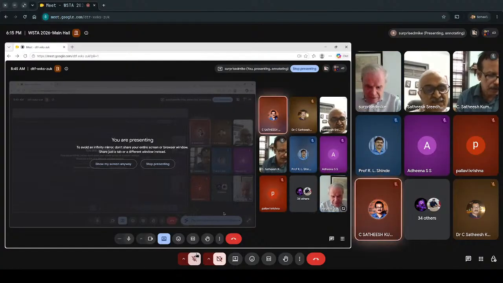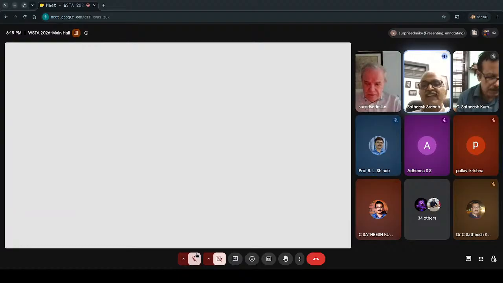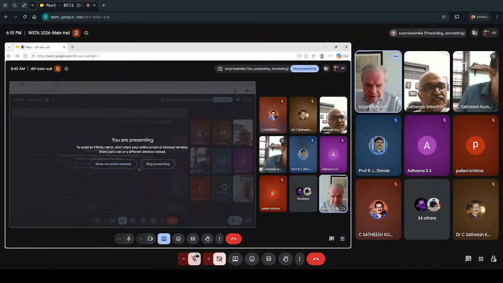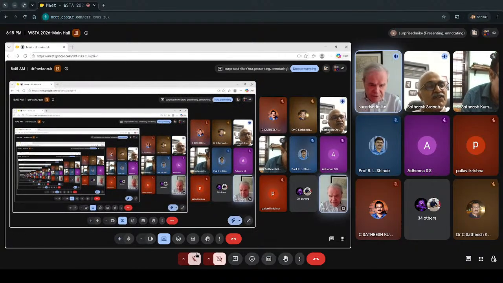Not sure what's going on there. Perhaps you may click show my screen. I have share screen on. Show my screen anyway. Yeah, I did that, and now it just goes into an infinite loop.